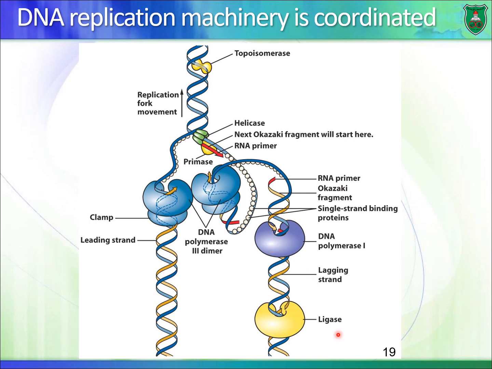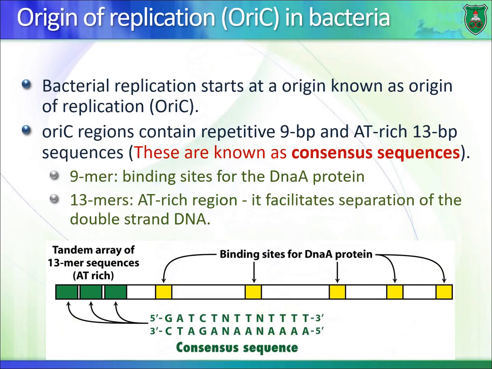DNA ligase then comes in and connects the two strands with each other. Now, ahead of the replication fork, you have topoisomerase 1. There's another enzyme known as topoisomerase 2, and we will talk about it in a second.